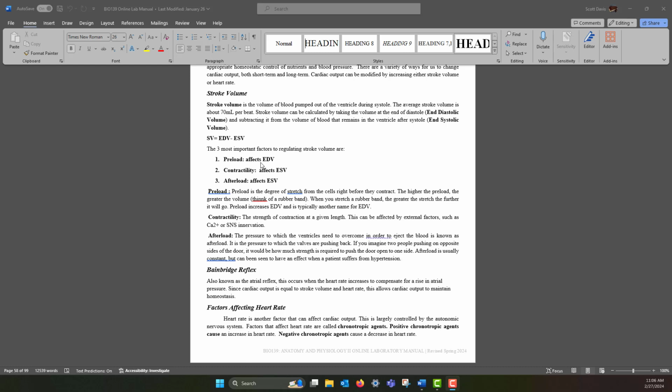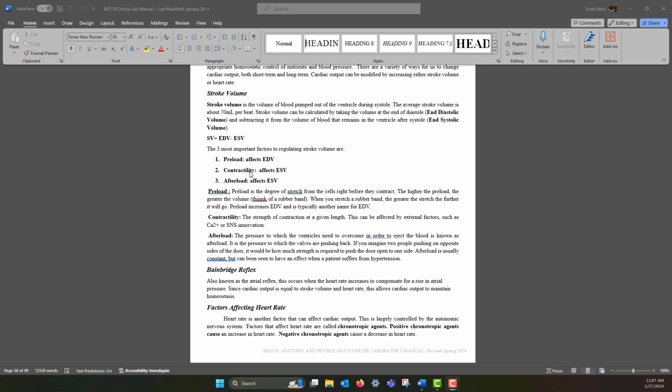So preload and EDV are directly related to each other. As EDV goes up, there's more blood in the ventricle. If there's more blood in the ventricle, preload goes up. And if preload goes up, what happens? Now we can contract the ventricle harder.